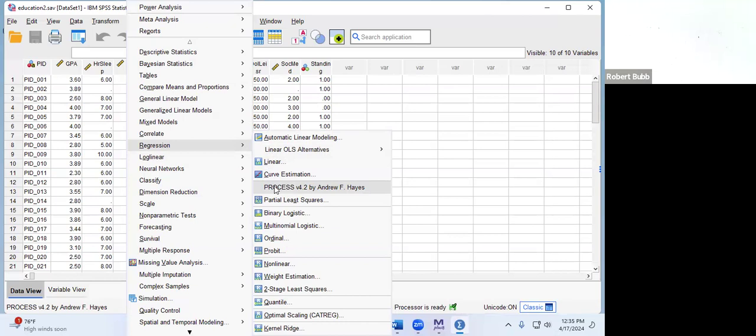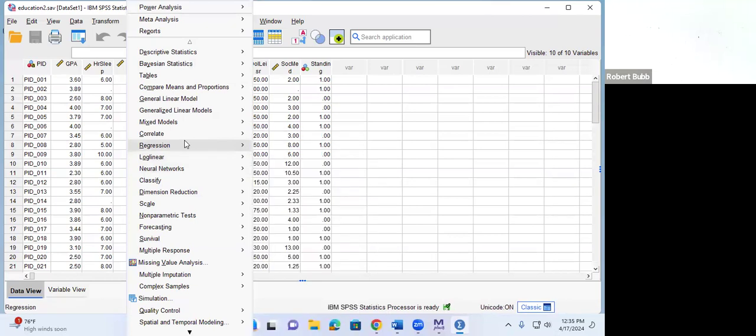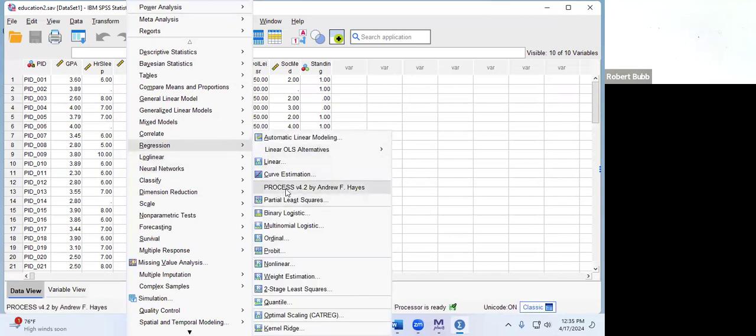Yeah, I have it here. It should be right there. I don't see it on here. This computer doesn't have it. If you go to that computer, it should be there.